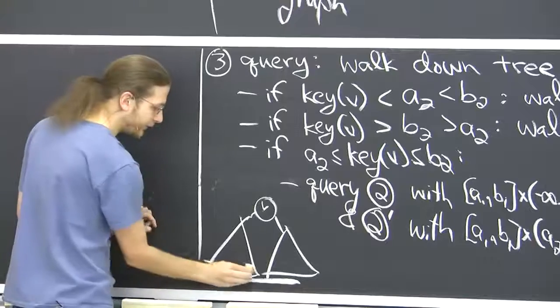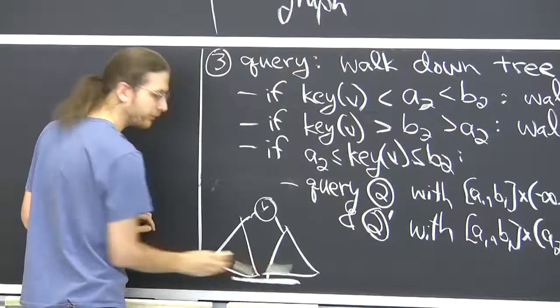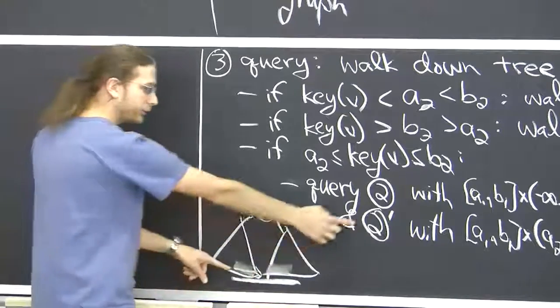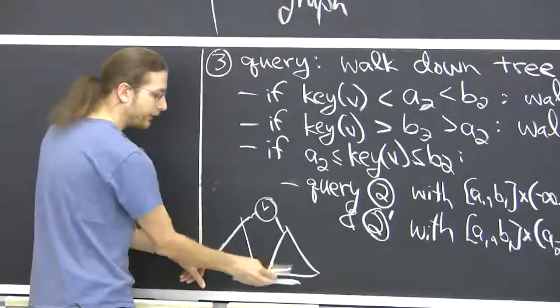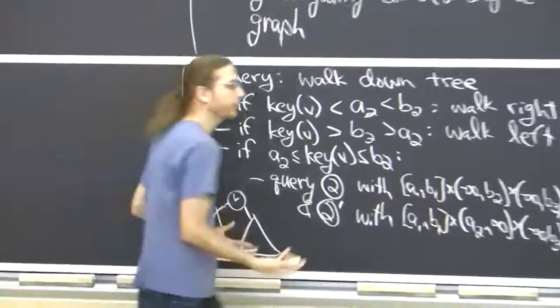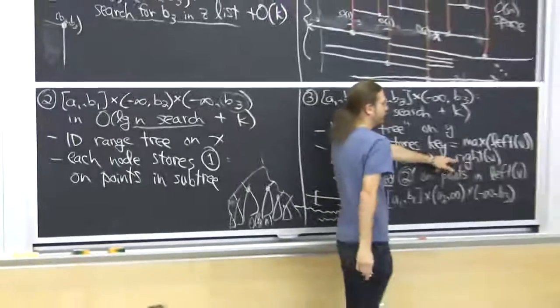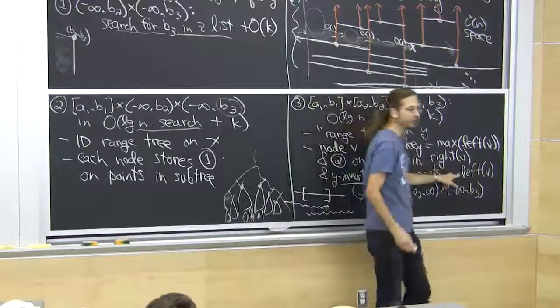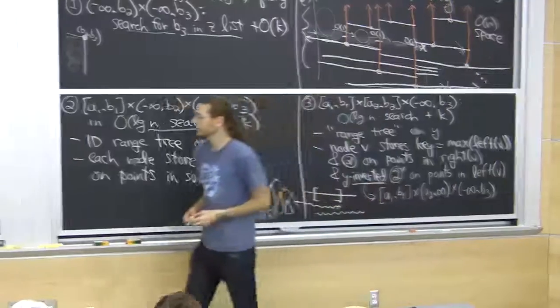And so what we'd really like is this stuff plus this stuff. OK, that looks good, because this goes to infinity on the right. That's the 2' search. And this goes to infinity on the left. That's the 2 search. As long as you restrict to this subtree, which is what we've always been doing, and in particular here, 2 is only on the points in the right subtree. 2' is only on the points in the left subtree. And so that's it. We're golden.